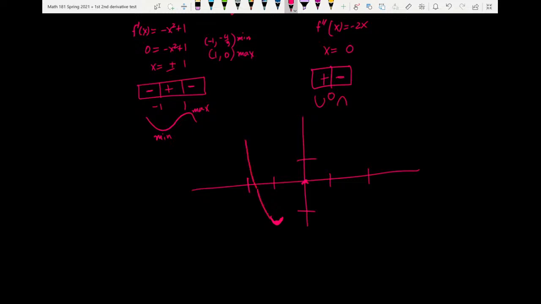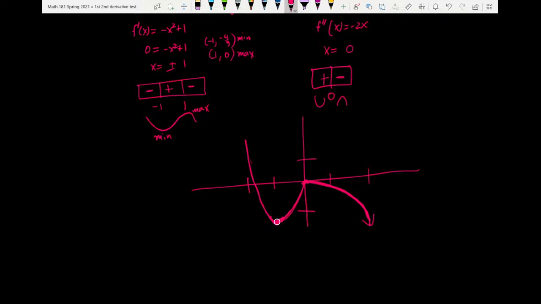Ah, look at this graph. Okay, it's positive right over here, and then it's going to be downward. So look at the concavity.